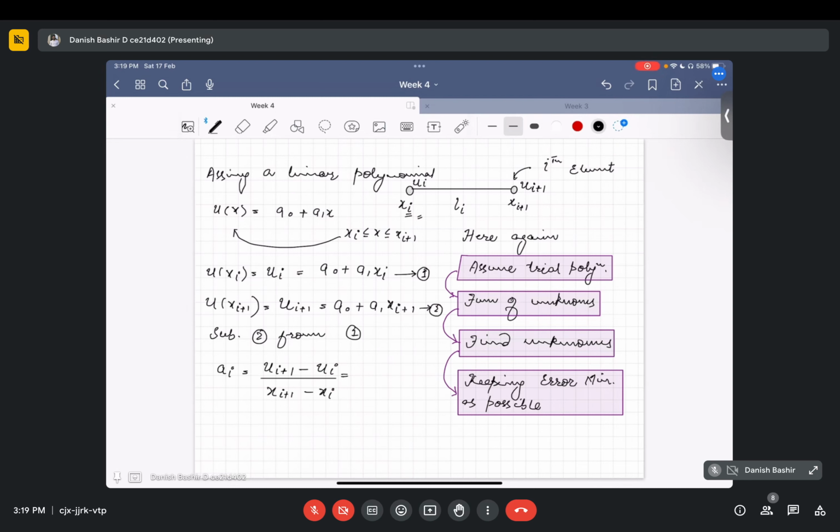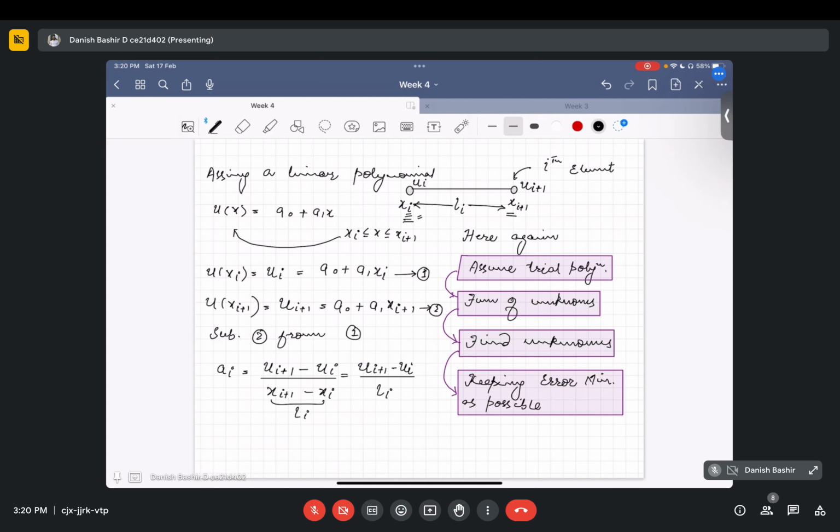Let me denote xi plus 1 minus xi with li. Obviously, it is the difference between two coordinates, xi plus 1 minus xi, which is equal to the length of element li.